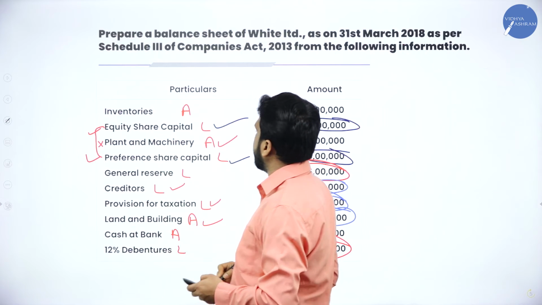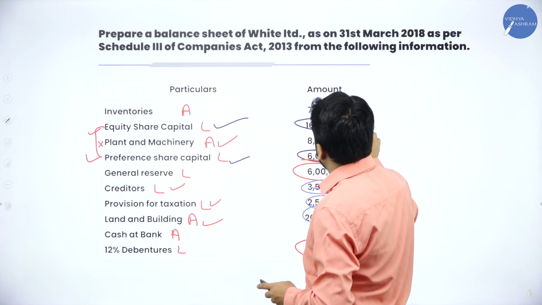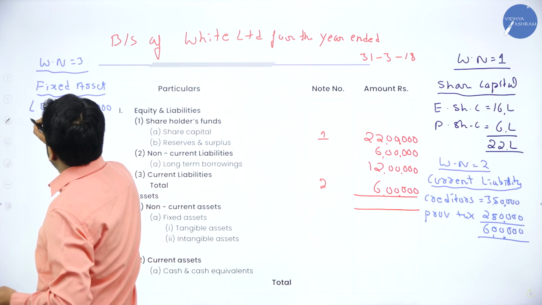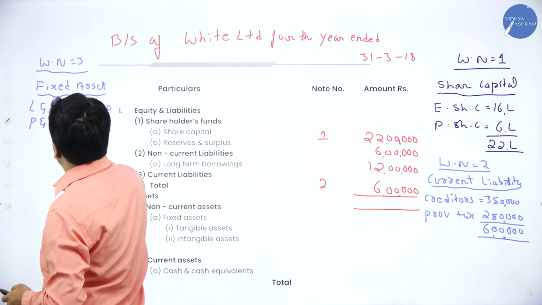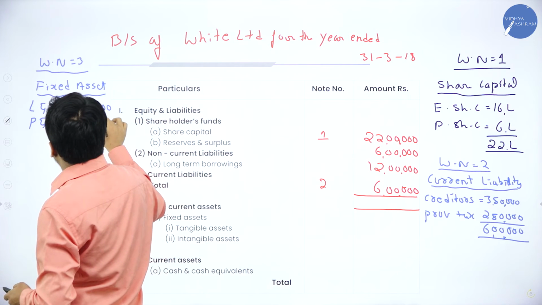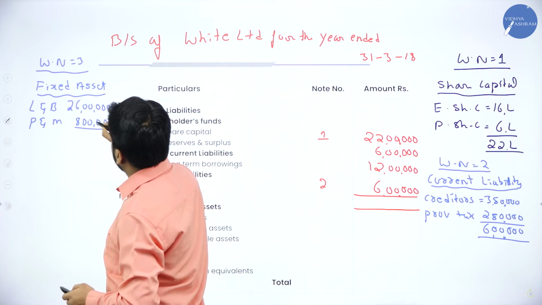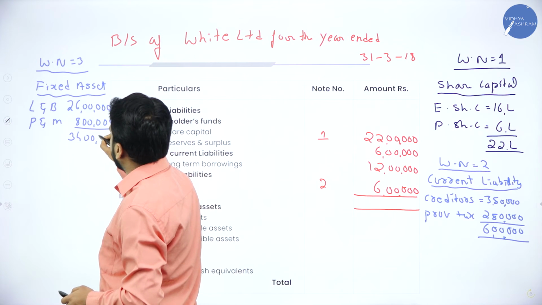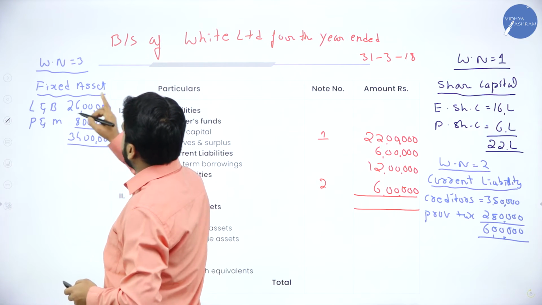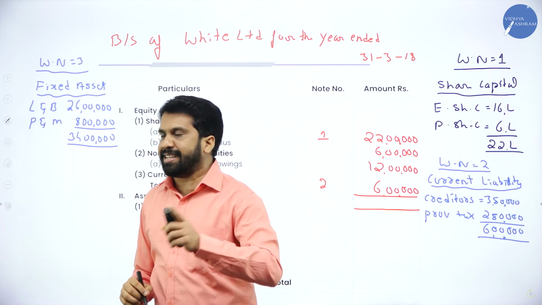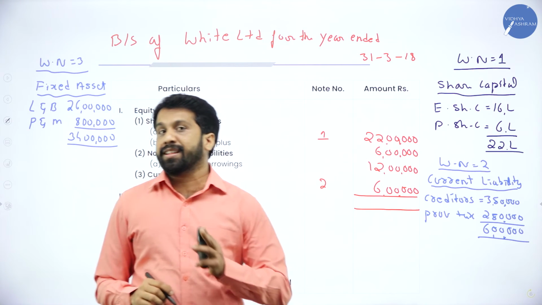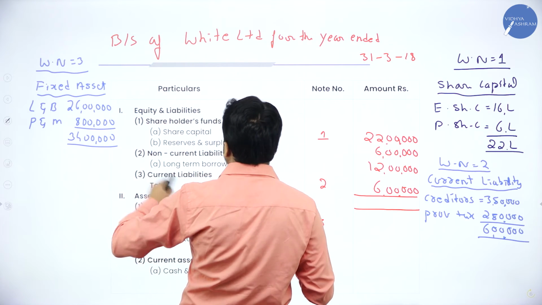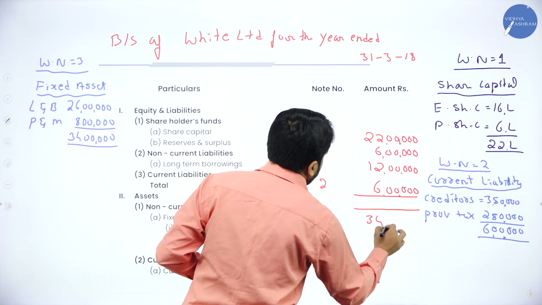What is the next one? Yes, you have plant and machinery of 8 lakh. What is the total? 26 plus 8, it is 34 lakh. As per working note 3, your fixed asset is 34 lakh. Your fixed asset schedule number 3 answer is 34 lakh.